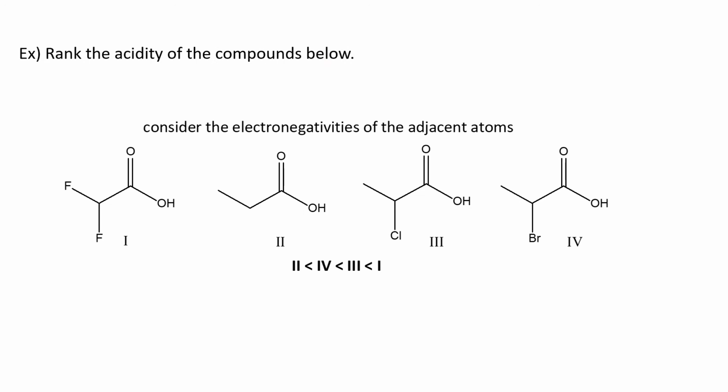Okay, so in ranking the acidity of these compounds, we're going to look for any inductive effects, and we're going to consider the electronegativity of the adjacent atoms. So we see no electron withdrawing groups.